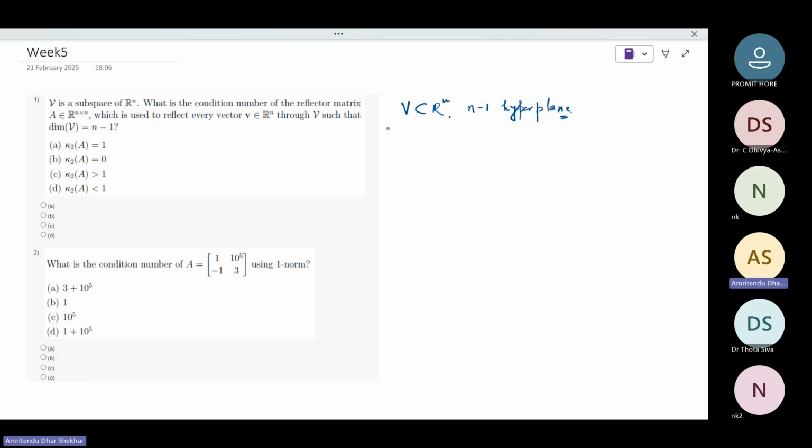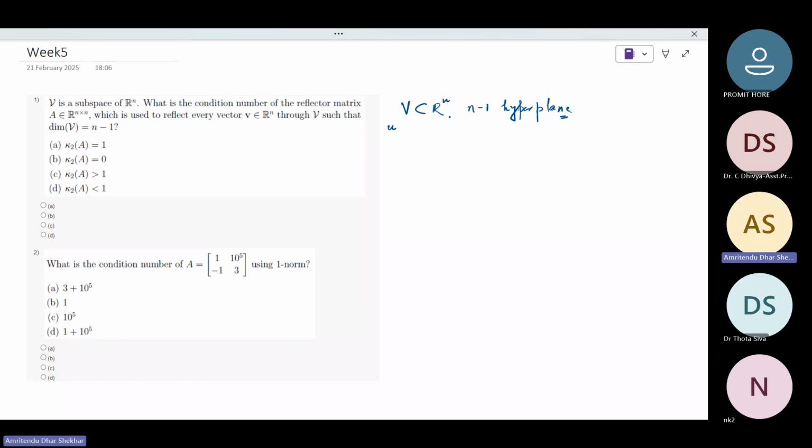There is a vector u, which is normal to this hyperplane, and all points inside V satisfy this property: that x is perpendicular to the normal, which means that u transpose x is equal to 0. So V is the set of all x such that u transpose x is equal to 0.